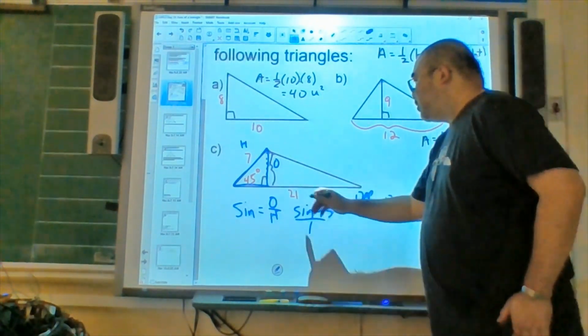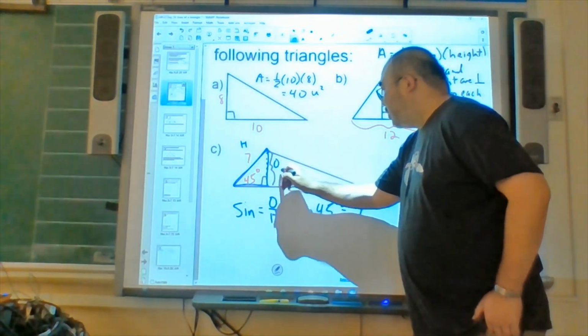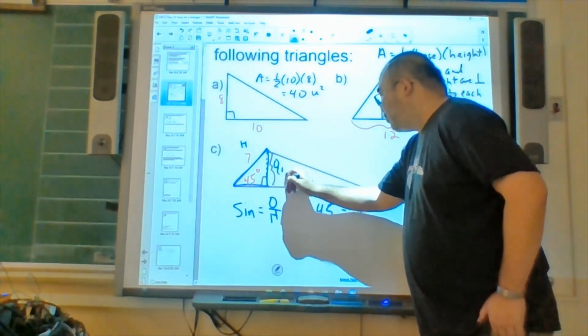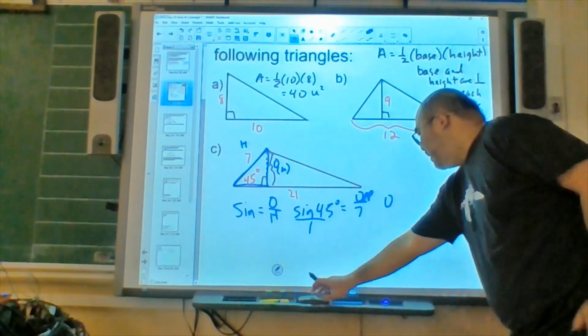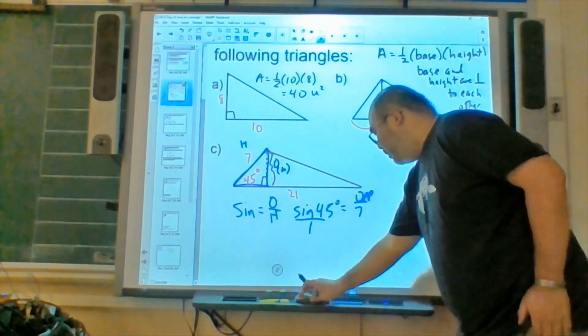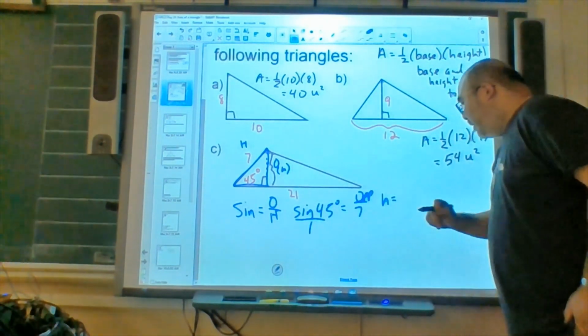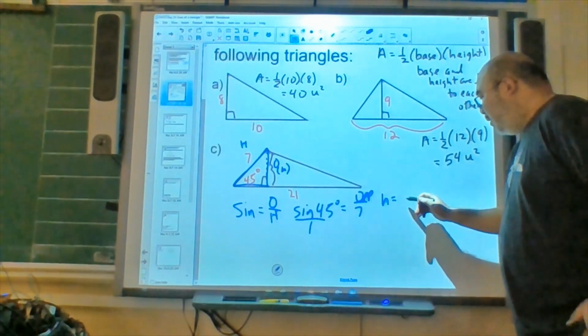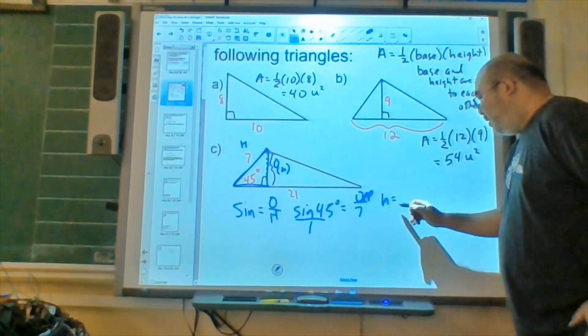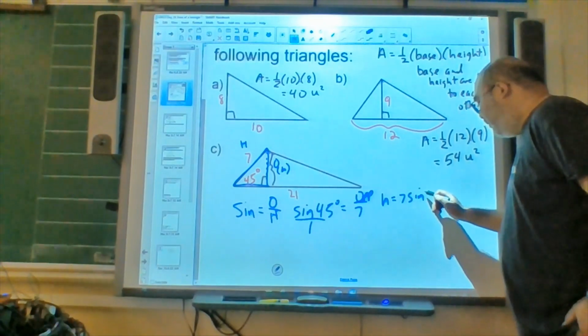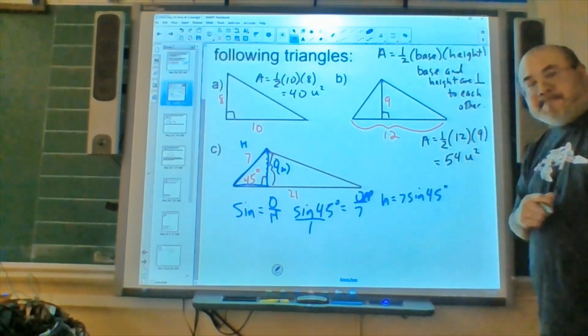We'll call it little h. Our little h here is going to be 7 times the sine of 45 degrees.